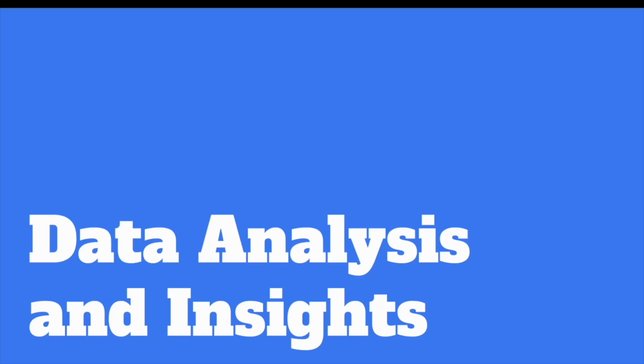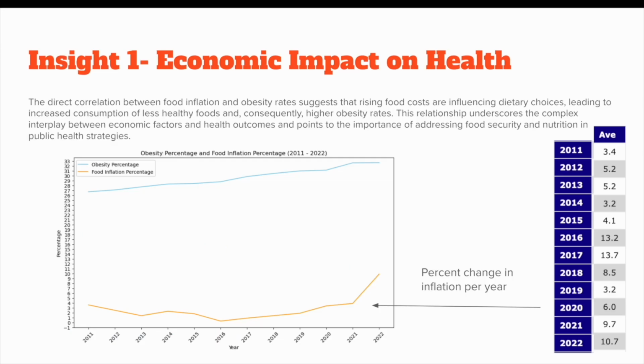For data analysis and insights, the first insight is economic impact on health. Using data from the CSV and the CPI, which was taken from the HTML, we plotted it on a line graph to compare the two.